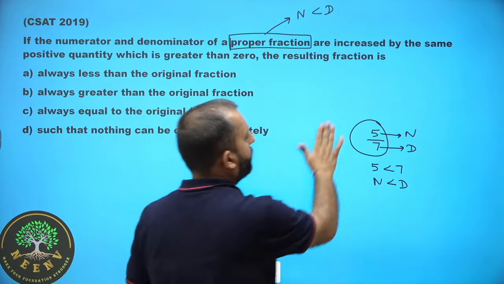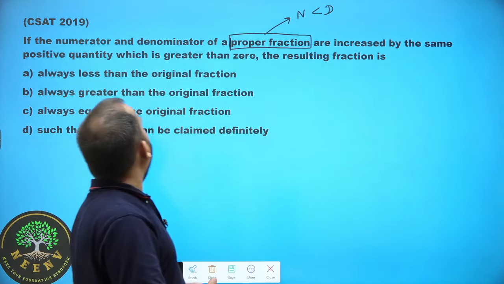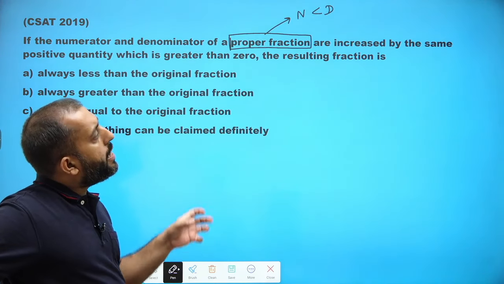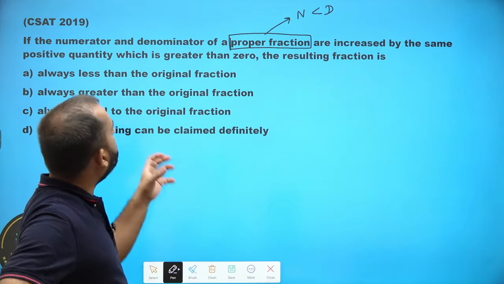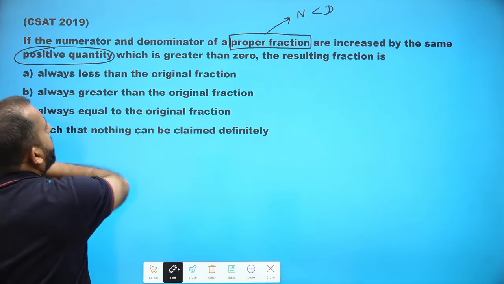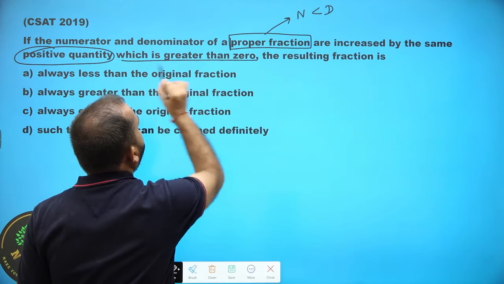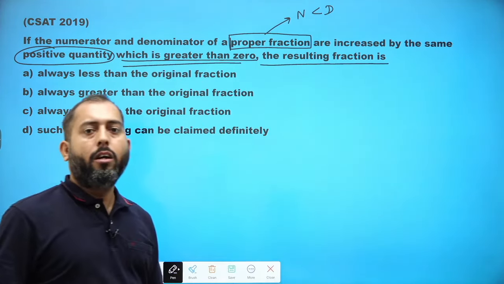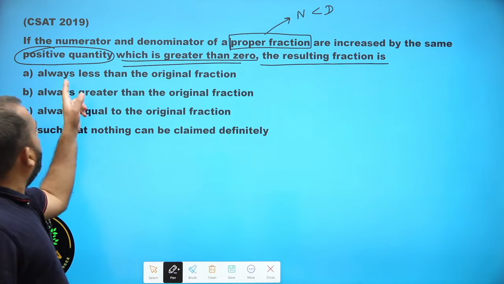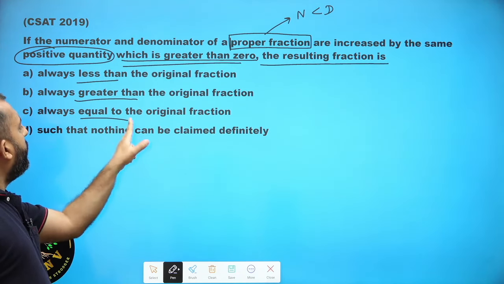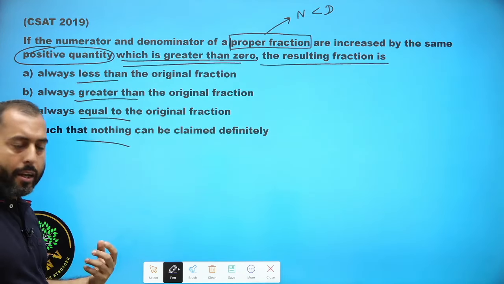Let's move on. Now, the numerator and denominator of a proper fraction are increased by the same positive quantity, which is greater than 0. Then the resulting fraction will be less, or greater, or equal to, or nothing can be claimed.